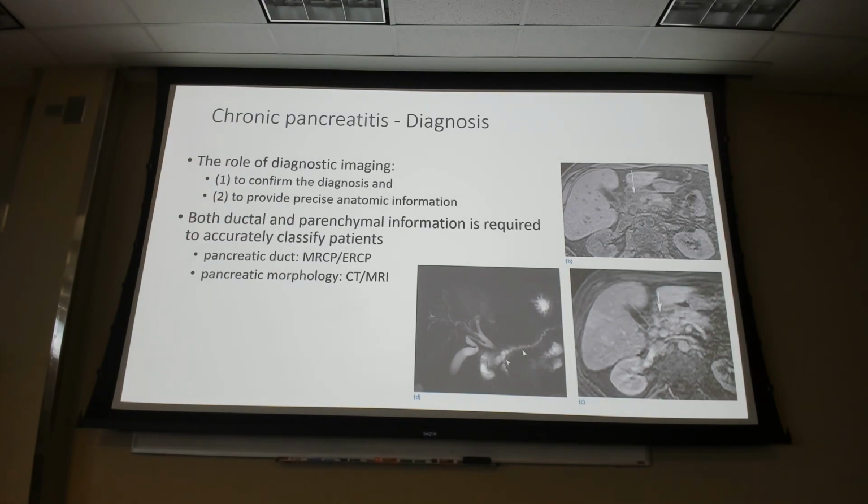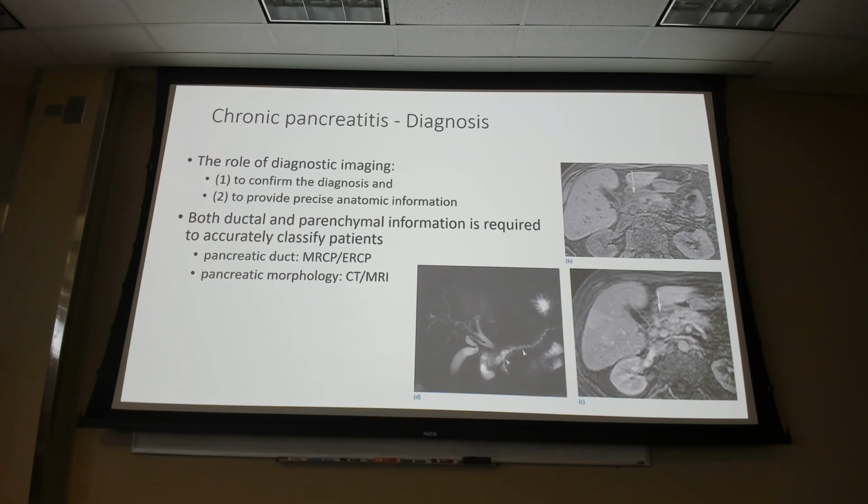And then the important thing here is we have to do some sort of diagnostic imaging. Typically a CT is indicated, looking at the pancreatic morphology. And then more on the outpatient side, we'll do an MRI, and we might have to refer them for the MRCP or ERCP, but since it's chronic and not an acute condition, we typically don't need to emergently order any of these.